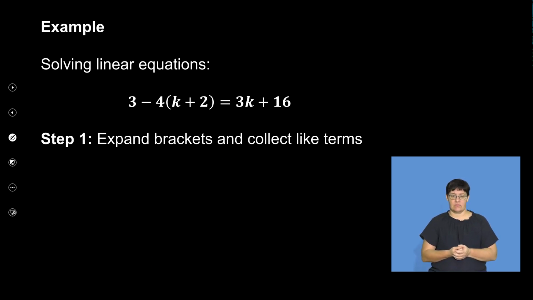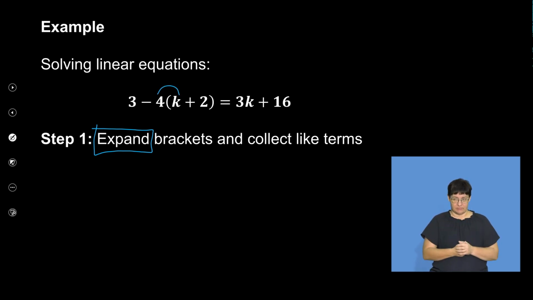So let's look at the steps that I want you to follow when solving linear equations. Step 1, you are to expand the brackets and collect like terms. Whenever there are brackets, you know, always get rid of the brackets. What does get rid mean here? It means you expand by multiplying inside the brackets using the distributive property.